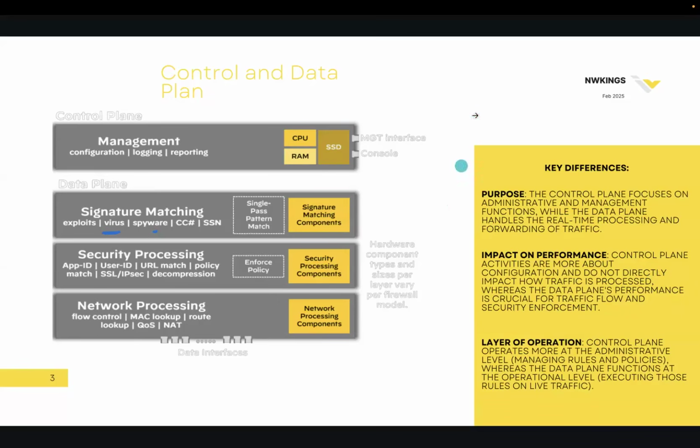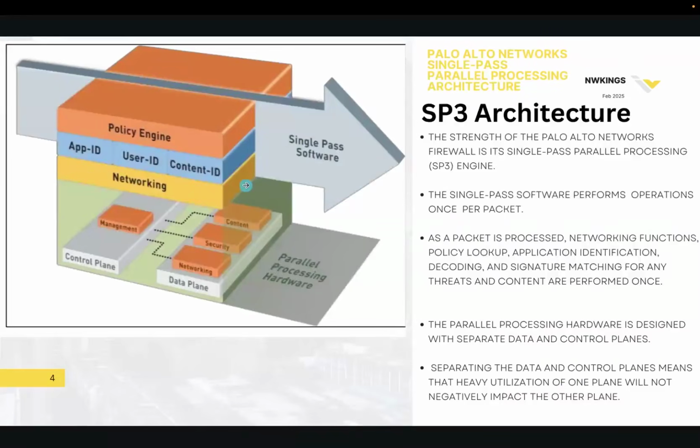The layering, 1 to 7, is different, and control plane and data plane are different. They have different functionality. Whether it is an application layer attack or protocol layer attack or IP layer attack, it is all taken care of by the data plane only, because this technology belongs to your interface. That's why it detects and prevents at the same time.